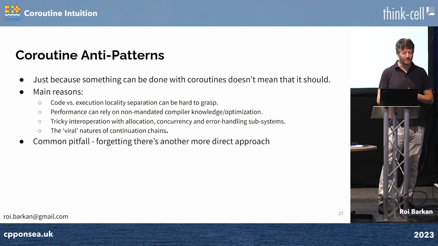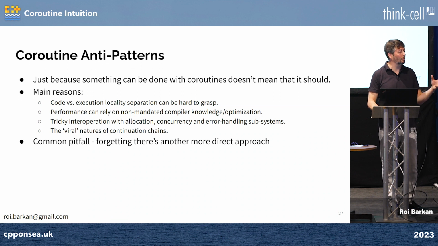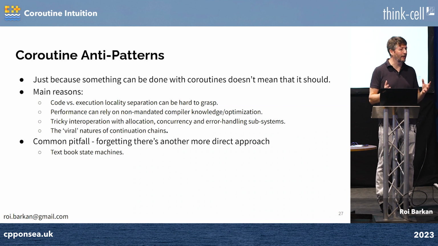And then a common pitfall that people might run into when they're looking at coroutines is the fact that there might be a more direct approach that has been proven through the years. A great case for that is the state machine, okay? C++ knows how to do state machines. We have libraries for doing state machines.